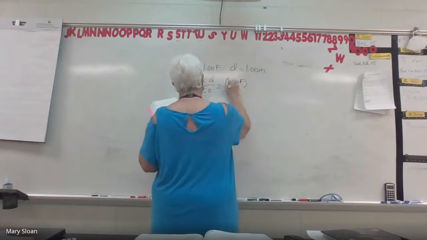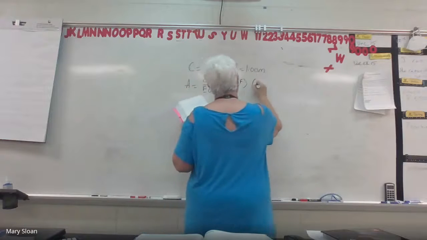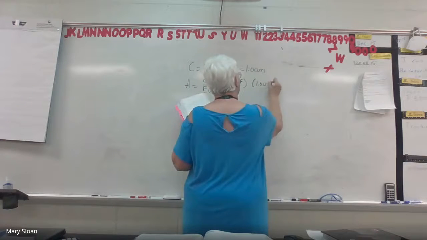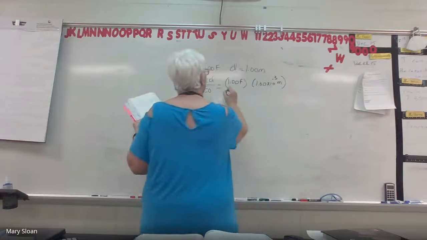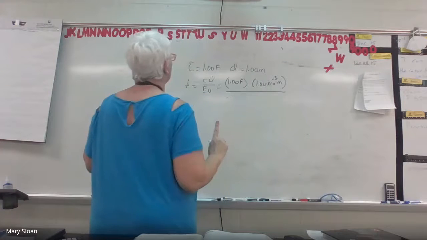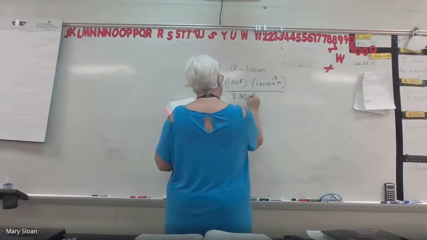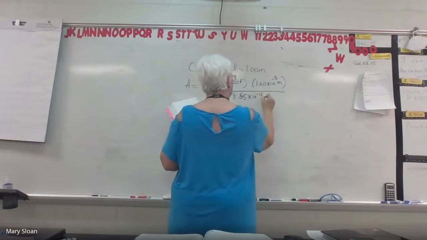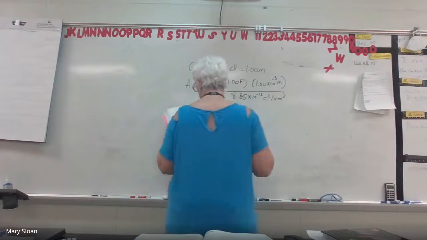We're going to multiply that by our D, which we're going to change to 1.00 times 10 to the negative 3 meters. And we're going to divide that by our epsilon naught, which is 8.85 times 10 to the negative 12 C squared over N times meters squared.